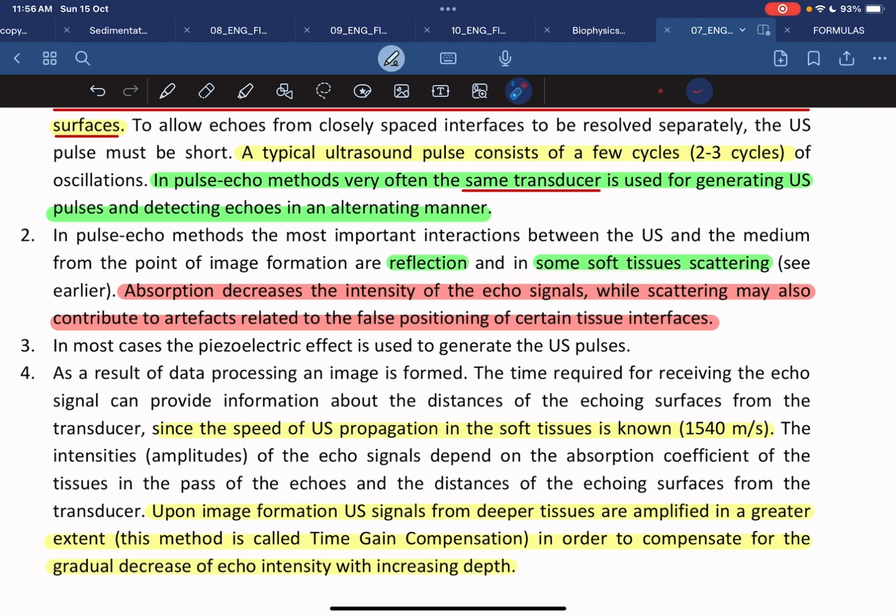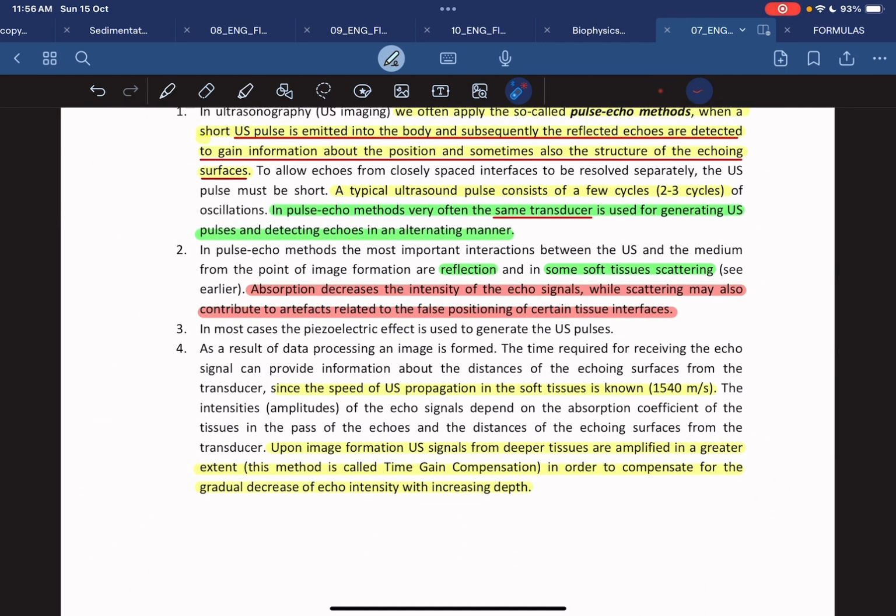Absorption decreases the intensity of the echo signals, while scattering may also contribute to artifacts related to the false positioning of certain tissue interfaces. What does this mean? Ideally, suppose your ultrasound goes to a bone and some of it reflects back, that's no problem. Absorption is no problem.